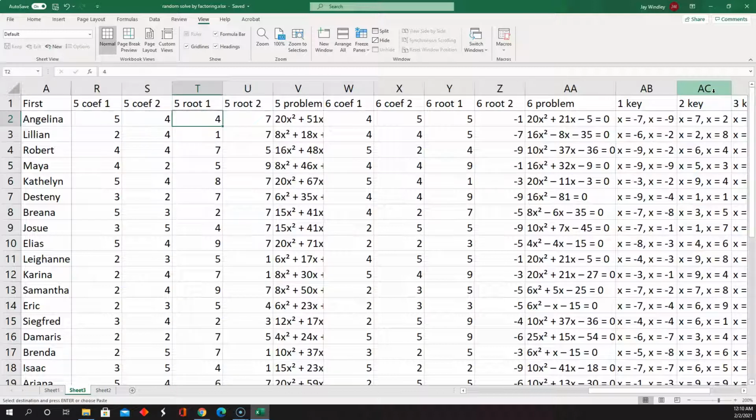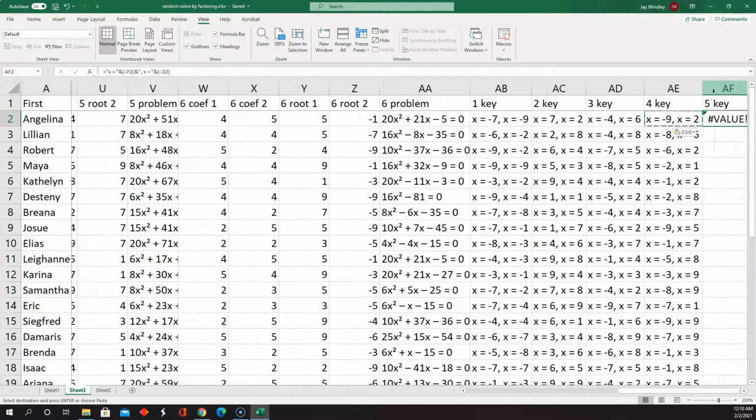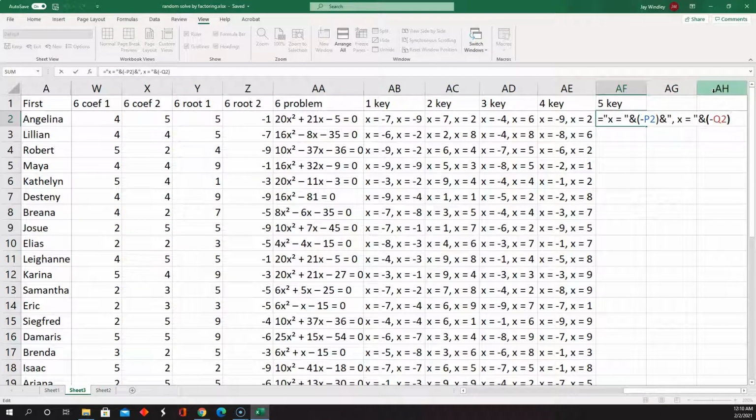So the negative of T2 divided by R2, the negative of T2 and ampersand, quote, division sign, end quote, ampersand, R2. So we have a fraction. Oh, doesn't like that because of Q.